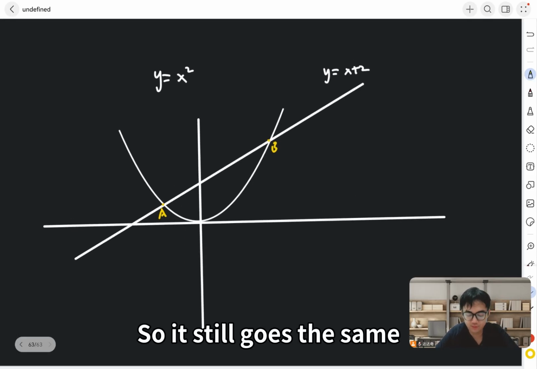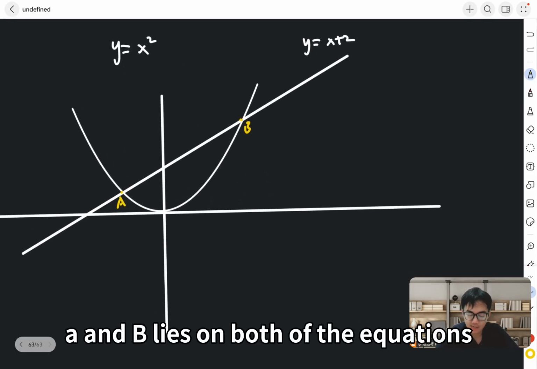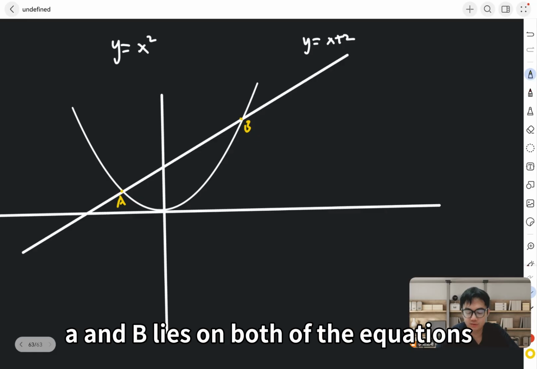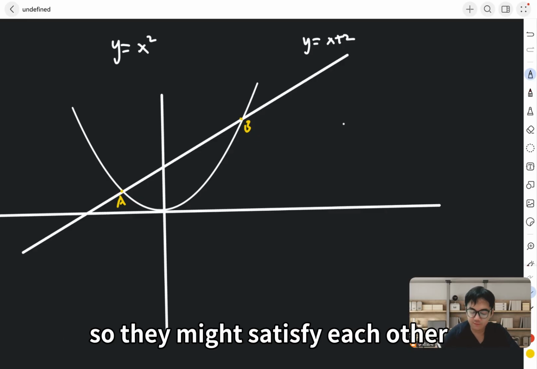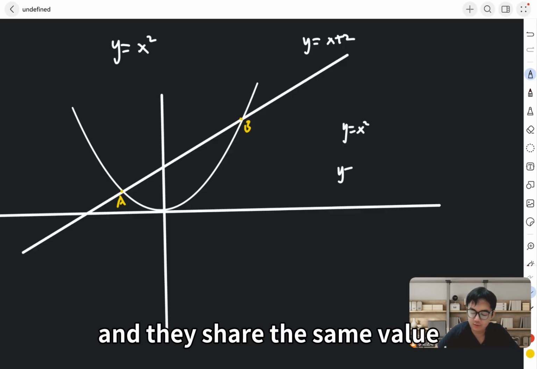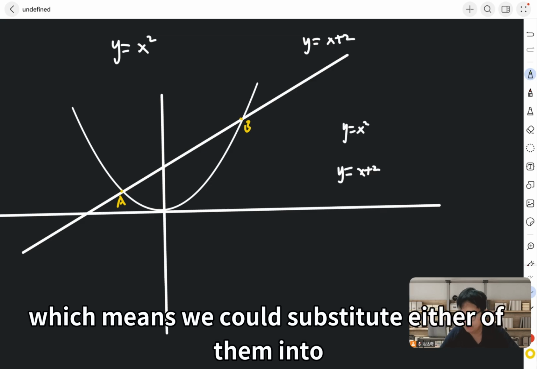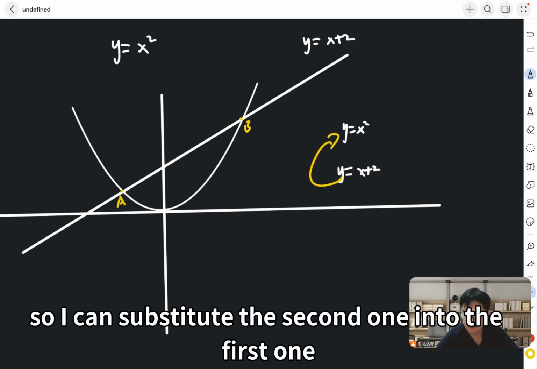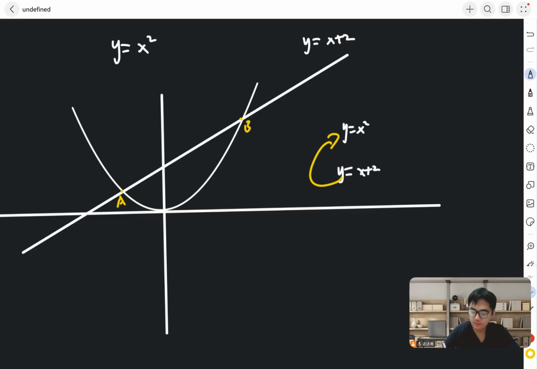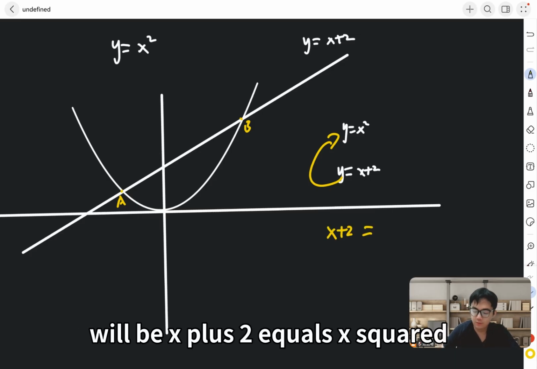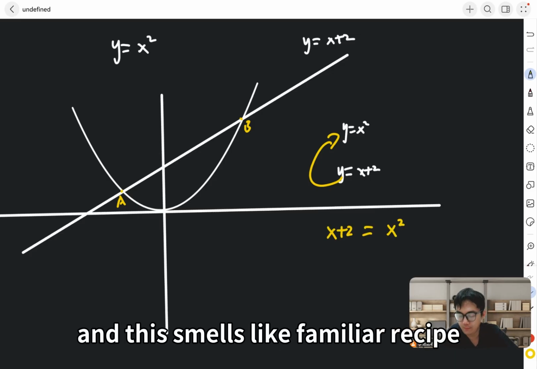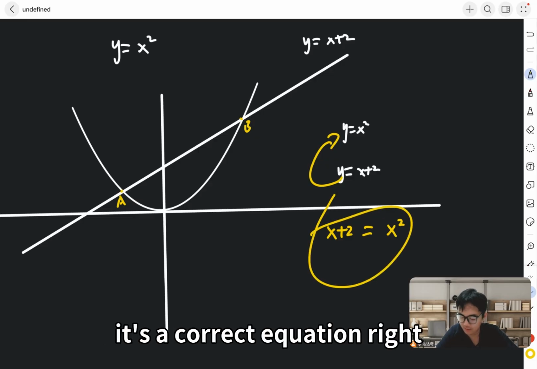So it still goes the same. A and B lie on both of the equations, so they must satisfy both, and they share the same value, which means we could substitute either of them into the other one. So I can substitute the second one into the first one. It will be x plus 2 equals x squared, and this smells like a familiar recipe. It's a quadratic equation, right?